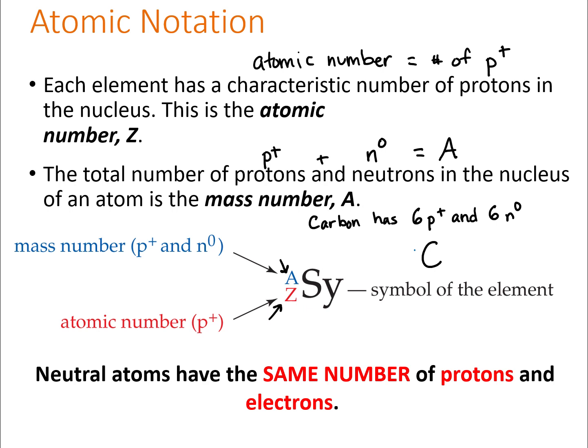The mass number is the protons plus the neutrons. Right, it would be 12. What's my atomic number? Six. That's how you would represent carbon that has 6 protons and 6 neutrons.